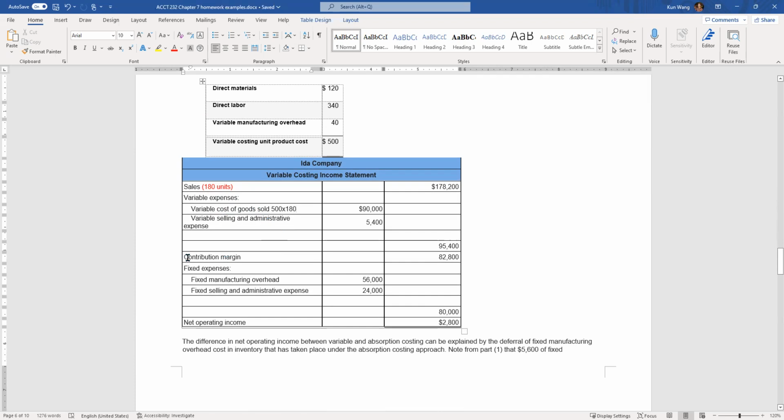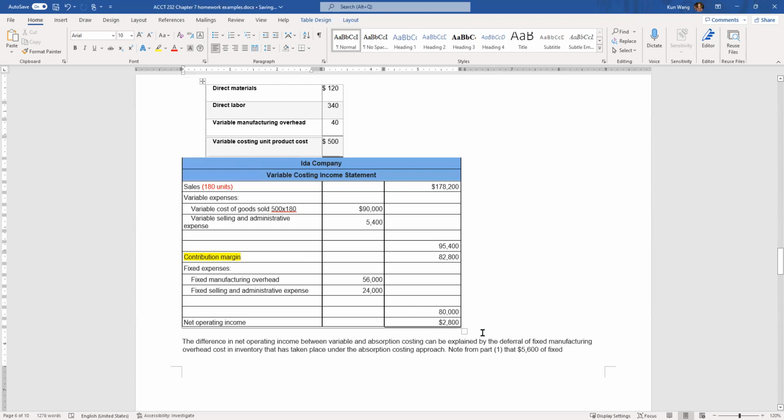So the contribution margin is the same concept we used in chapter 6. And then all of the fixed manufacturing overhead and the fixed selling and admin expense will be deducted as period cost. But on absorption, we have a break of the fixed overhead between the sold units and unsold units.